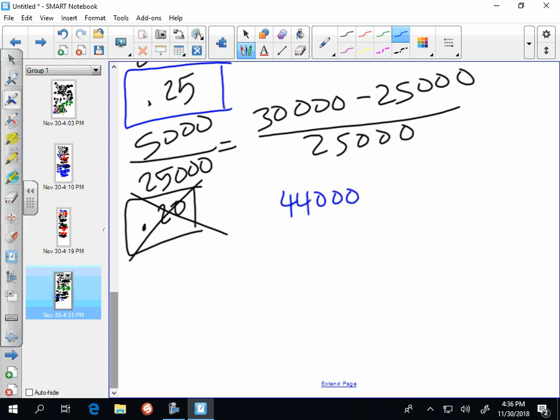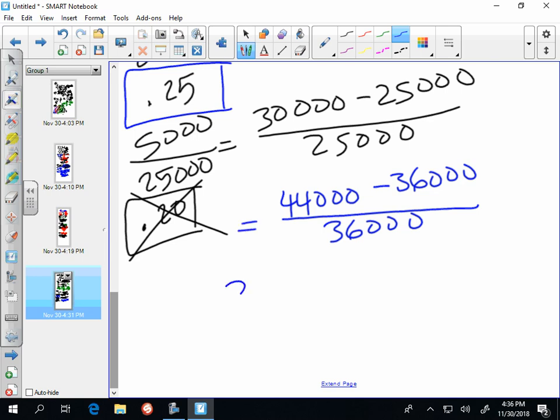44,000 minus 36,000 over 36,000. Many students choose this last option as the greatest because the difference on top is greatest at 8,000.